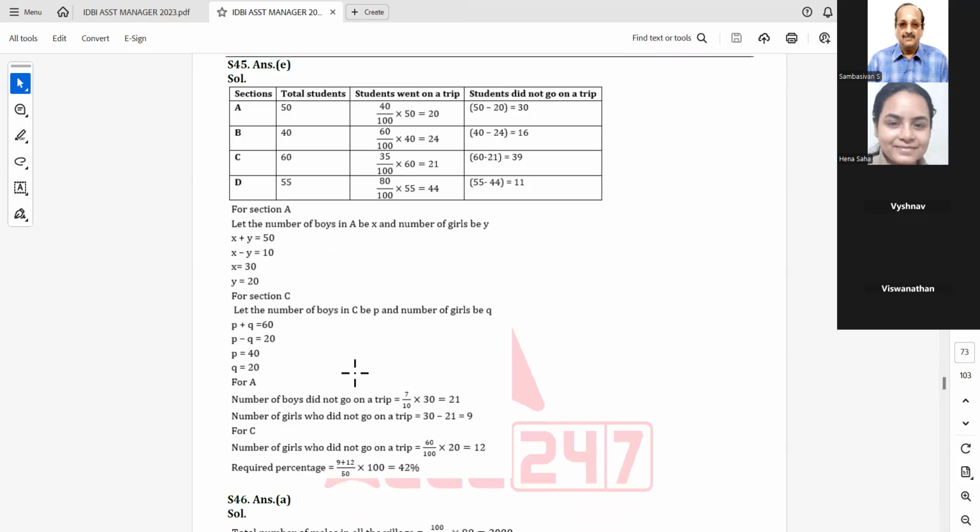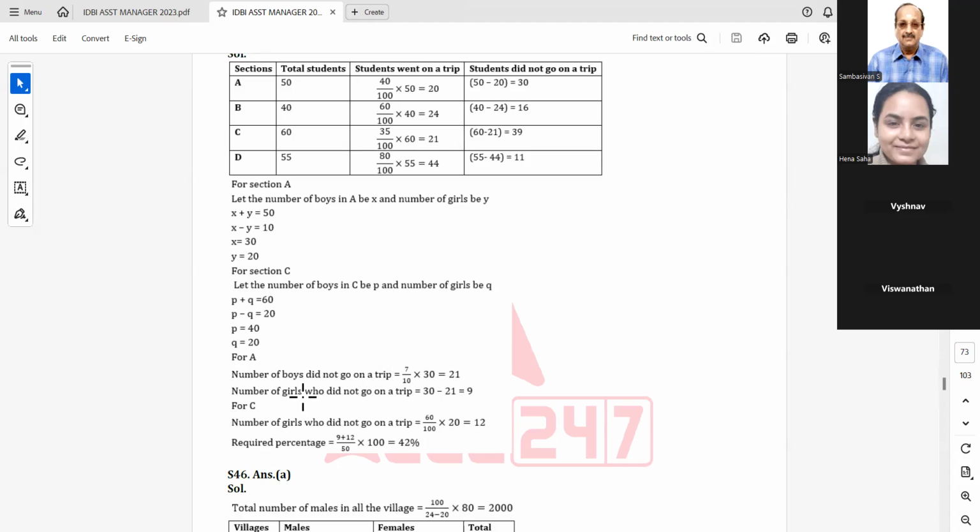For section C, P plus Q is equal to 60, and here it is correct: 20, 40. So 40 is boys, 20 girls. Number of boys who did not go on a trip, 7 by 10 into 30, is equal to 21. Number of girls who did not go on a trip, 30 minus 21 is equal to 9.